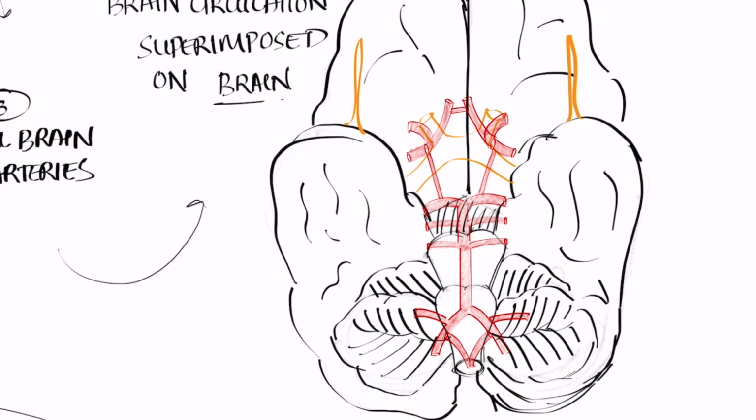Then there is the anterior inferior cerebellar artery that supplies the lateral aspect of the pons, with the basilar artery supplying the more medial aspects. Then there is the superior cerebellar artery that is supplying the midbrain. And here is the posterior cerebral artery, the middle cerebral artery, the anterior cerebral artery, anterior communicating artery, posterior communicating artery. And this is the circle of Willis.